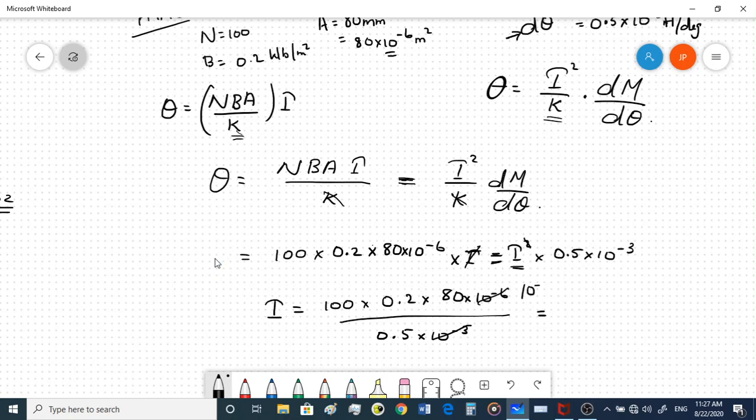This will come out as 10 to the power minus 3, and if you solve for I, you get 100 into 0.2 into 80 into 10 to the power minus 3 will come out as 1.6, divided by 0.5 will come out as 3.2 amperes.